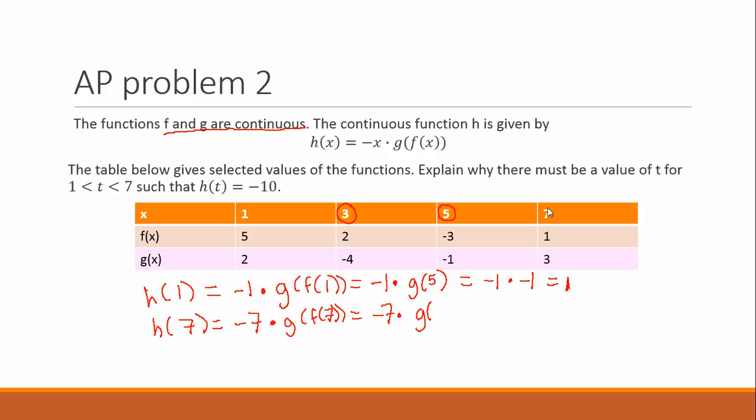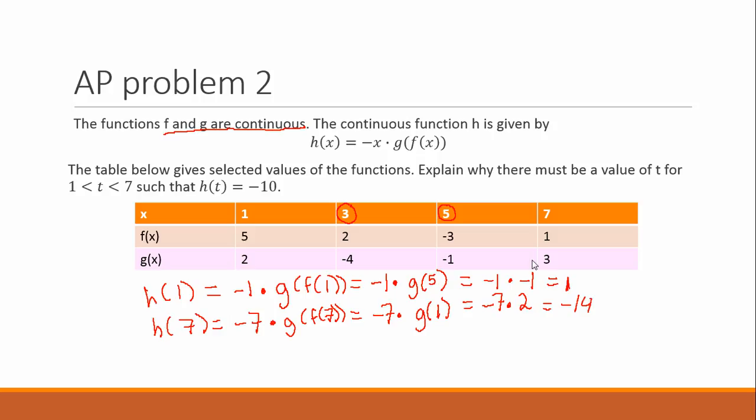When x equals 7, f of 7 is 1. So now we've got negative 7 times g of 1. Here's 1, go down, and it is 2. So negative 7 times 2 is equal to negative 14.